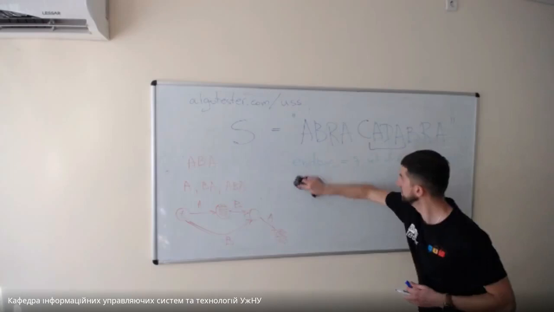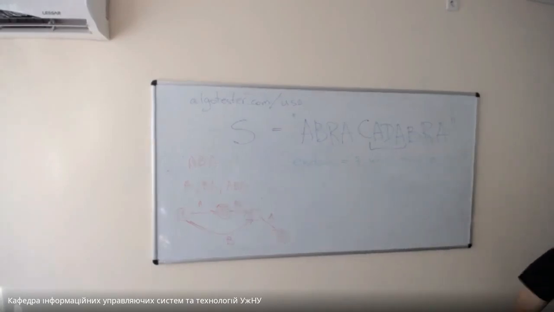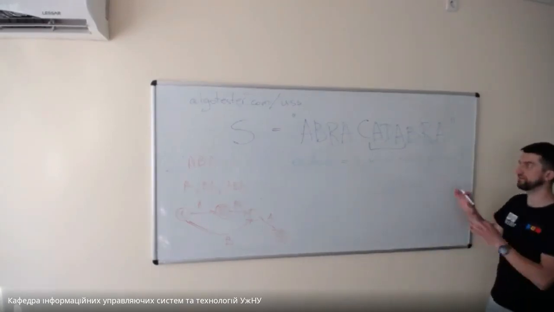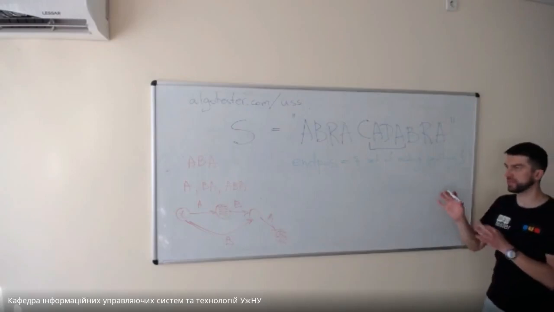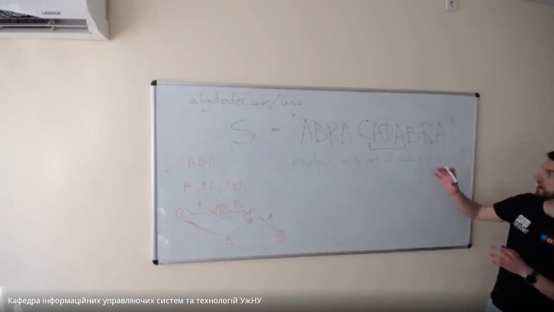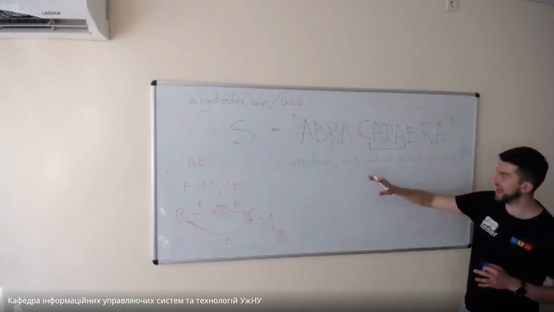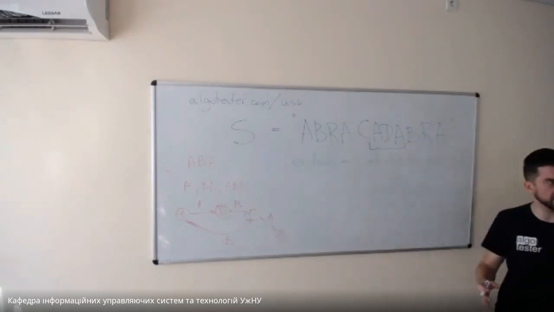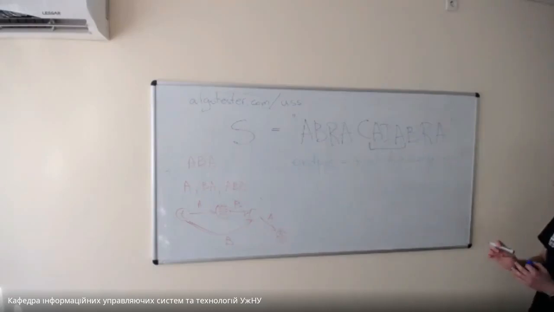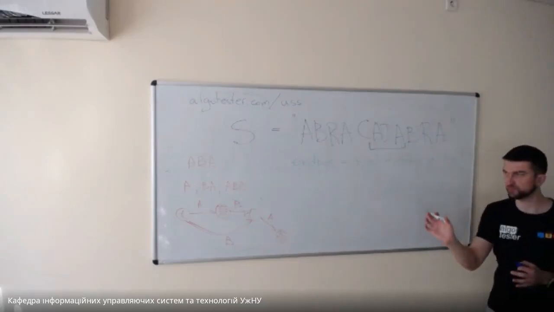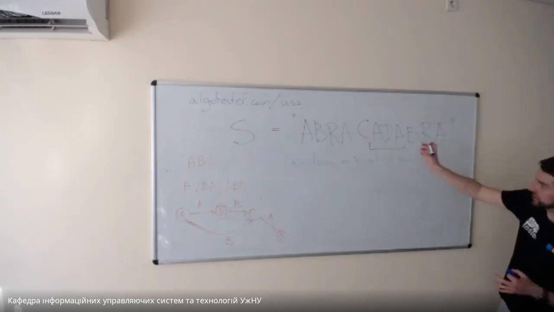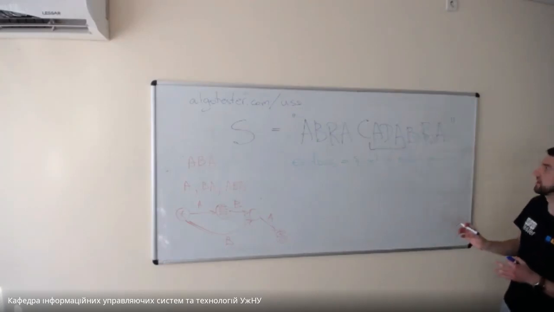So if you have some substring of the big string, then end pos is a set of positions where this substring is included in the big string.